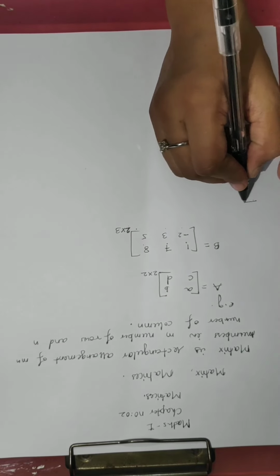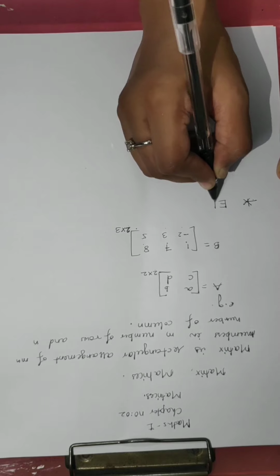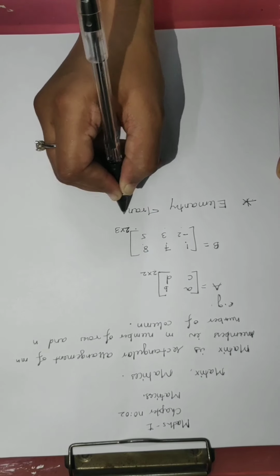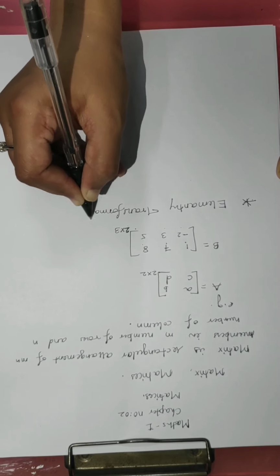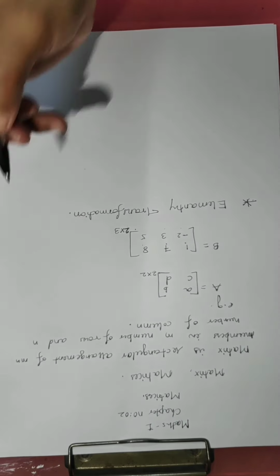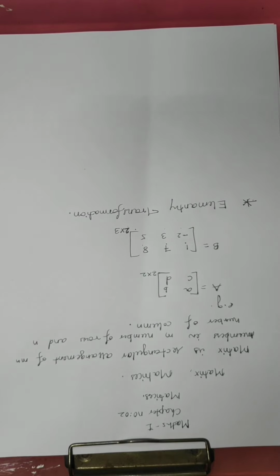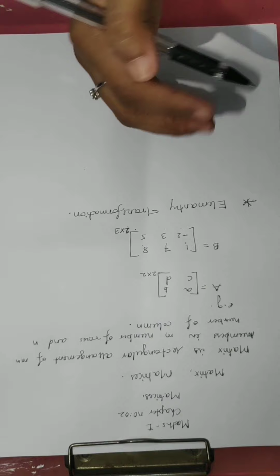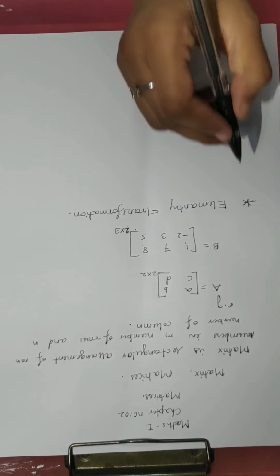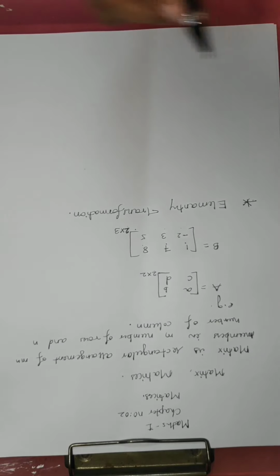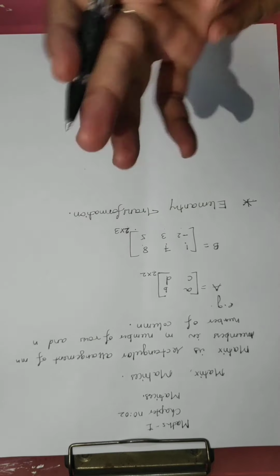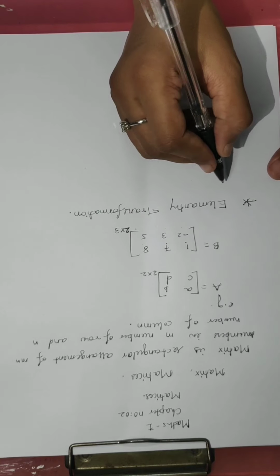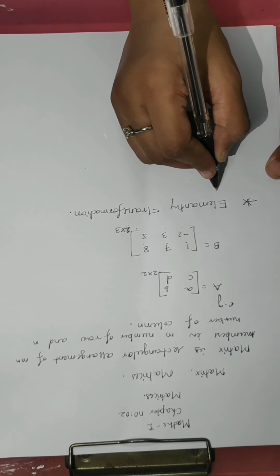So the next topic is elementary transformation. You all know the basics of the matrices, like types of matrices, addition, subtraction or multiplication. So we can proceed further, like next topic is elementary transformation. So what is elementary transformation?